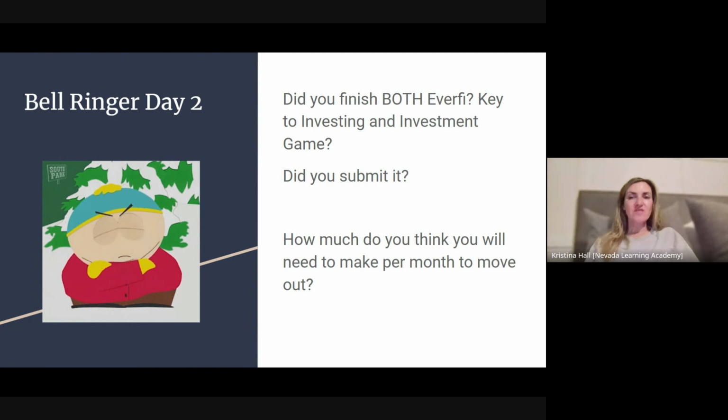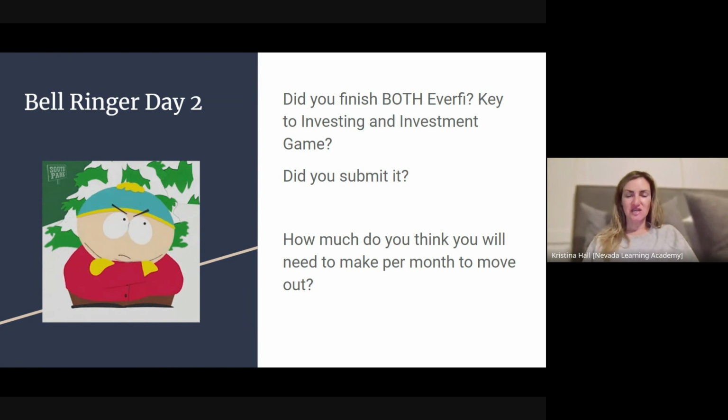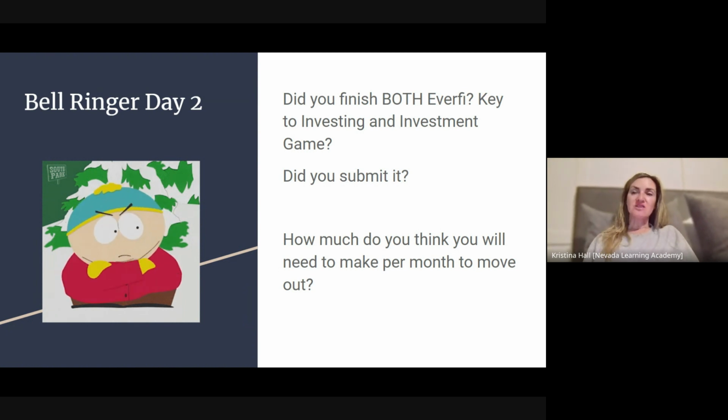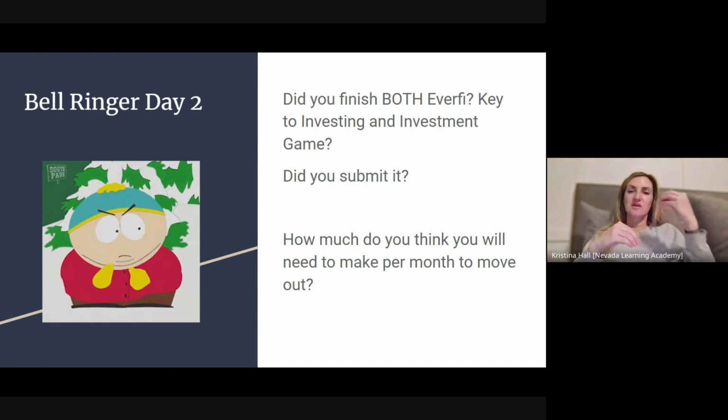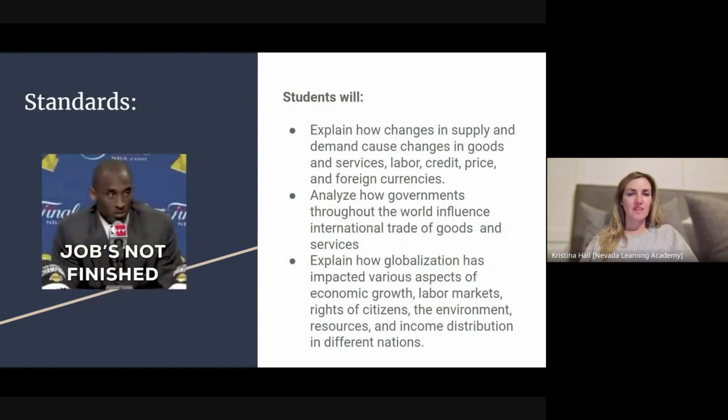So one of the good things about this project is starting to realize what standard of living is and how much it actually takes, and then comparing it in different parts of the world. This project isn't just about the United States, but it's an opportunity to compare us to other parts of the world. We're going to continue with the same standards, looking at supply, demand, cost of goods, currency, trade, all these things that impact standard of living.